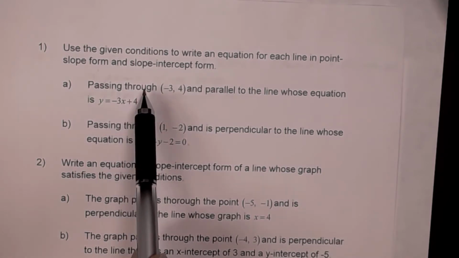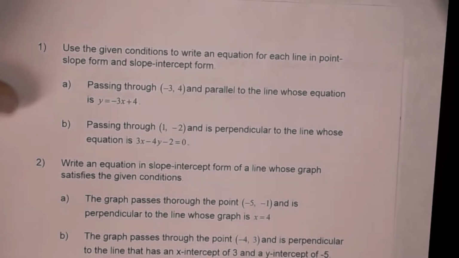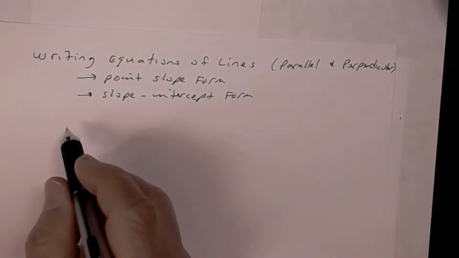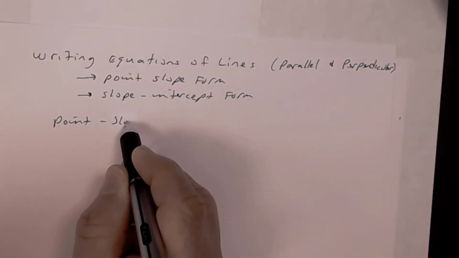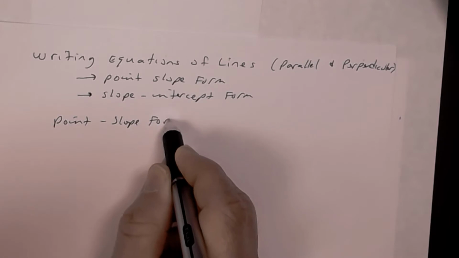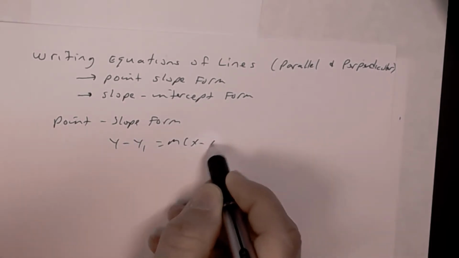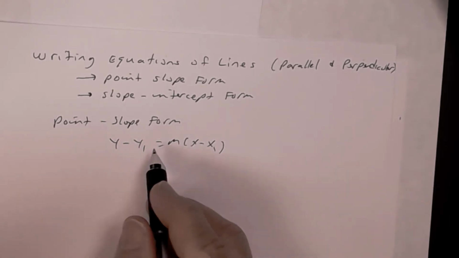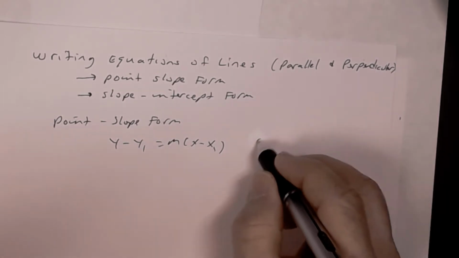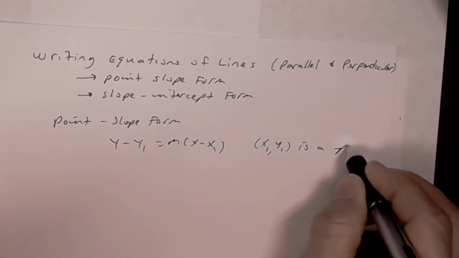So if you want to write the equation of a line in point-slope form and slope-intercept form, remember two things. Point-slope form is this: y minus y1 equals the slope times x minus x1, where m is the slope and (x1, y1) is a point on the line.